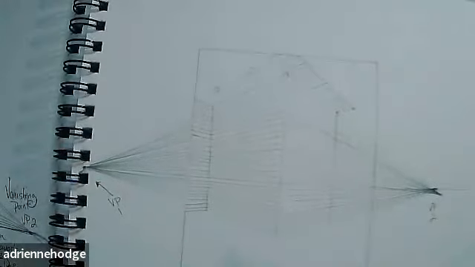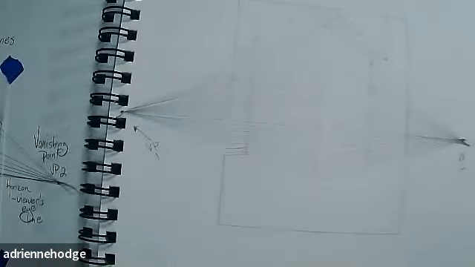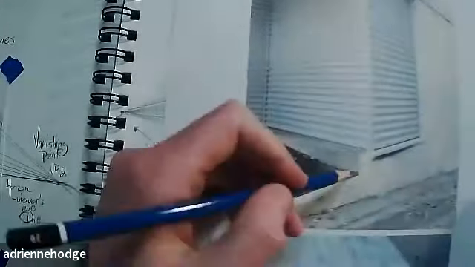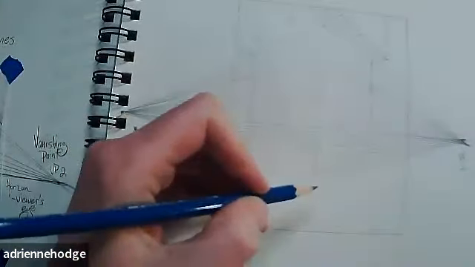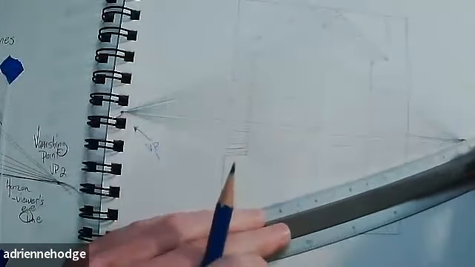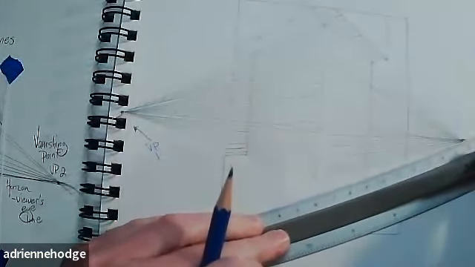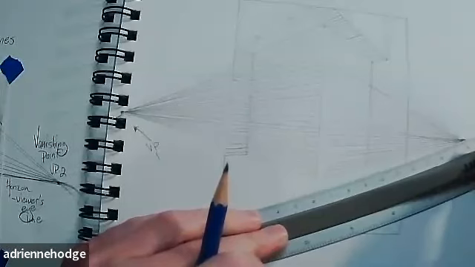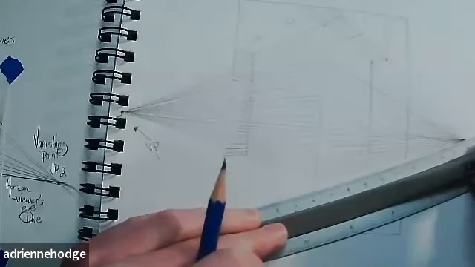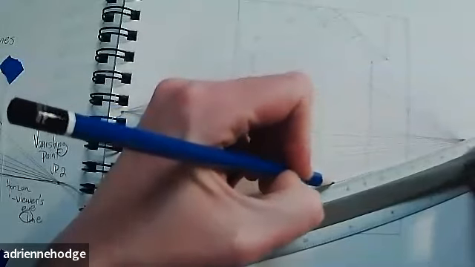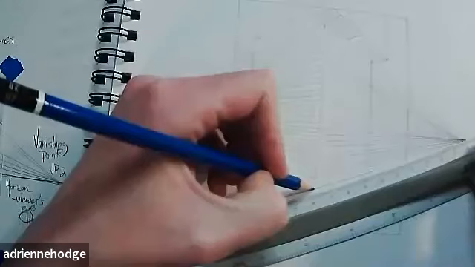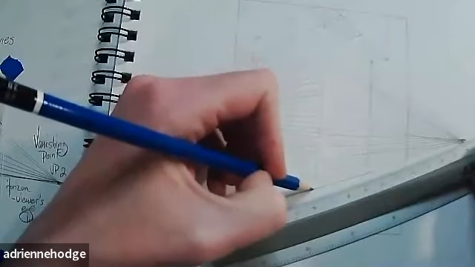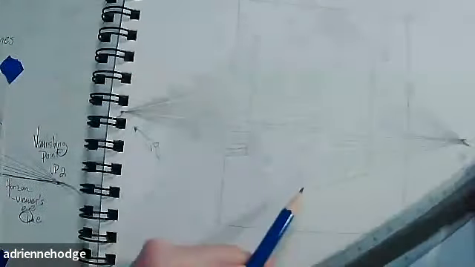All right. Now let's get this little corner ledge that's happening here. So I'm just going to line up my ruler with my vanishing point 2 and just give it a little line right here that stops right about a little bit past the corner there.